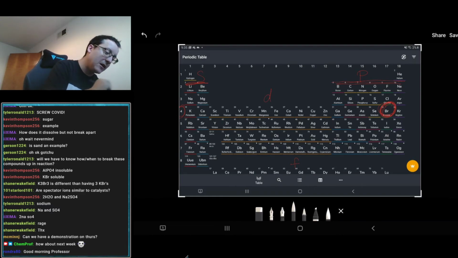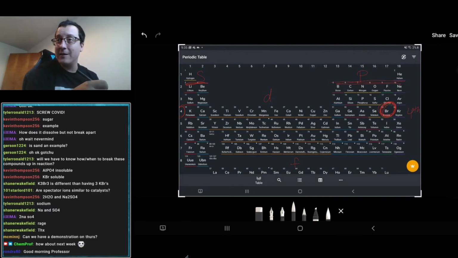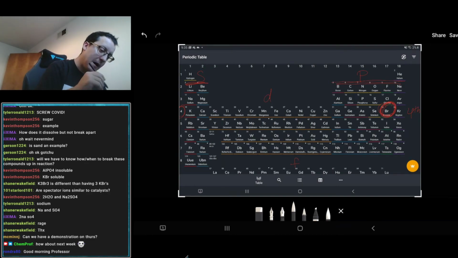Understanding where it is on the periodic table, it's in the 4th period, so the 4th shell, and it's in the p block, so p electrons will be the last one. Oh man, why did I choose bromine? I should not have done that. Oh well.